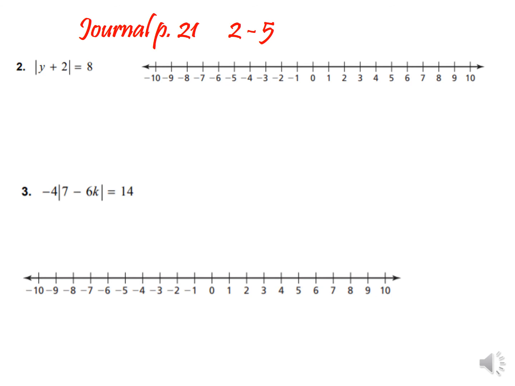The first problem that we have is all ready for us to go. The absolute value is isolated, so we're going to go ahead and split it. Y plus 2 equals 8, and y plus 2 equals negative 8. Subtract 2 from both sides, and we get y equals 6. Subtract 2 from both sides, y equals negative 10. If I'm going to graph it, I have 1 there and 1 there.